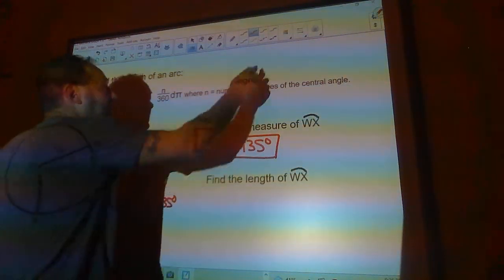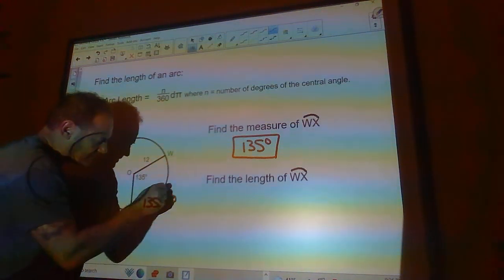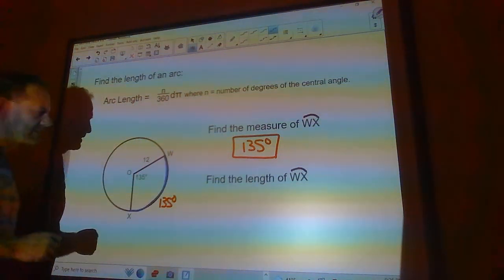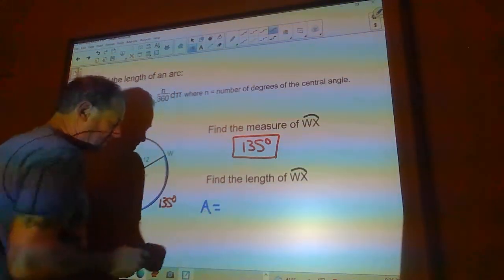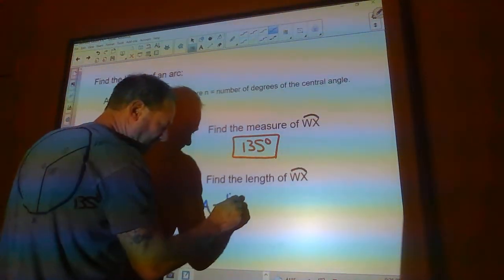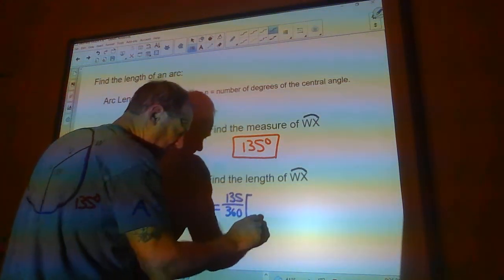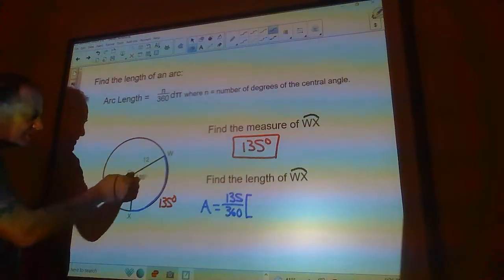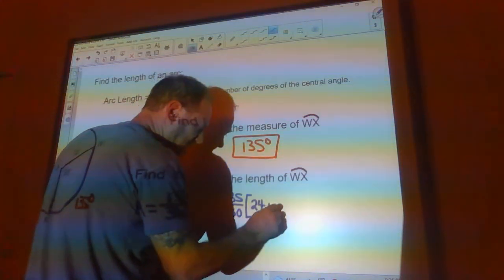Okay, now find the arc length. So remember arc length, I'm finding that distance right there. So that arc length, we'll call it A, is going to be 135 out of 360 times the diameter, which the radius is 12, so the diameter would be 24 times pi.